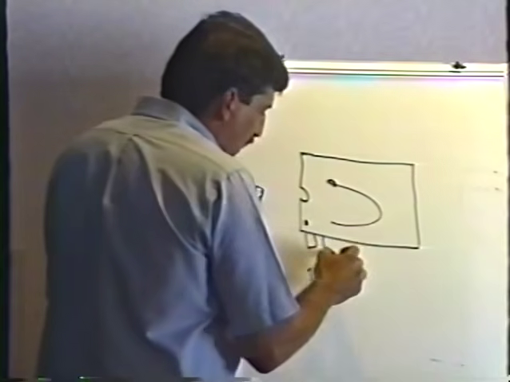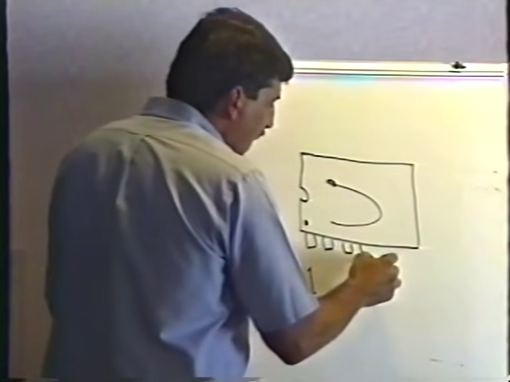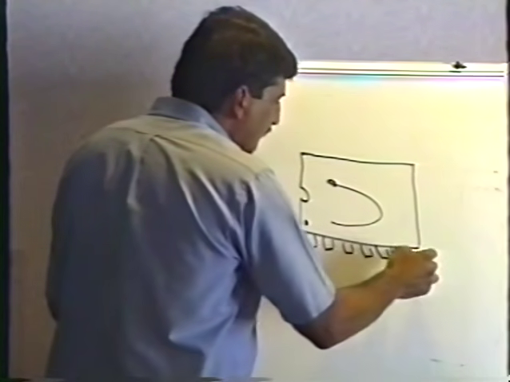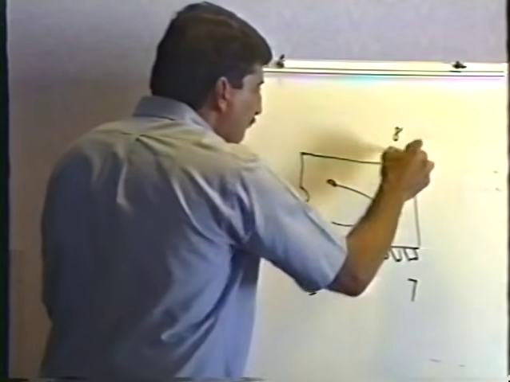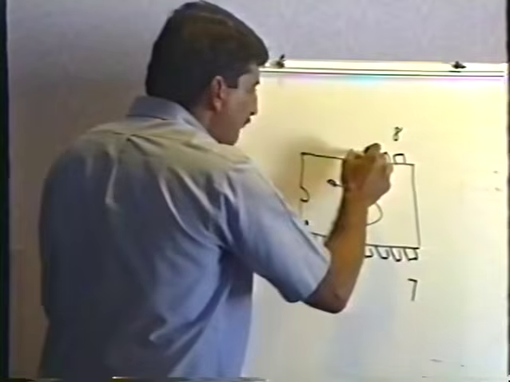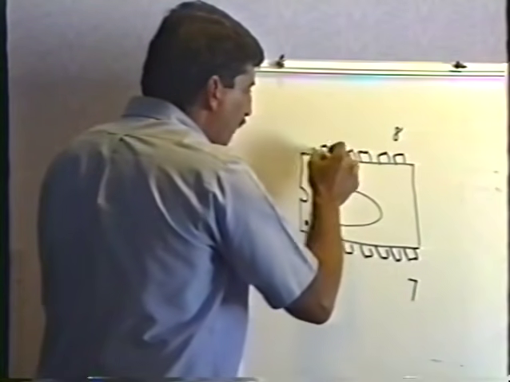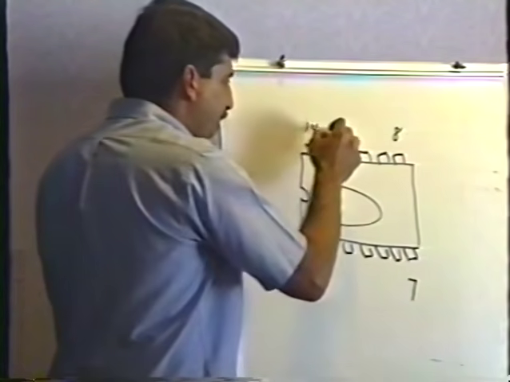So for instance, 1, 2, 3, 4, 5, 6, this would be pin 7, pin 8, 9, 10, 11, 12, 13, 14. There's the notch right here. That's pin number 1. There's a notch. That's pin number 1.